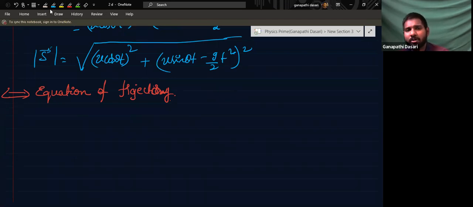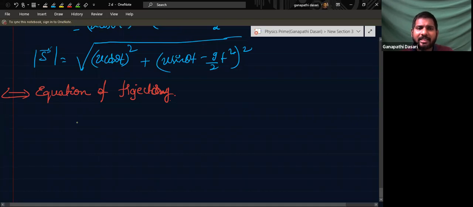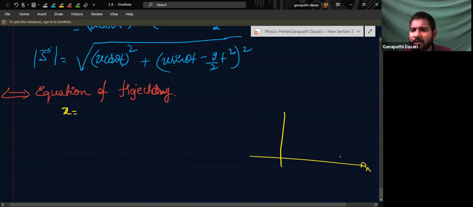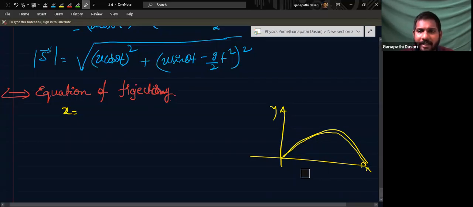So I will teach you here how to write the equation of trajectory. Suppose this is the x-axis and this is the y-axis. This is the motion that we have found; it is not exactly depicting it, but it is similar to this projectile motion.